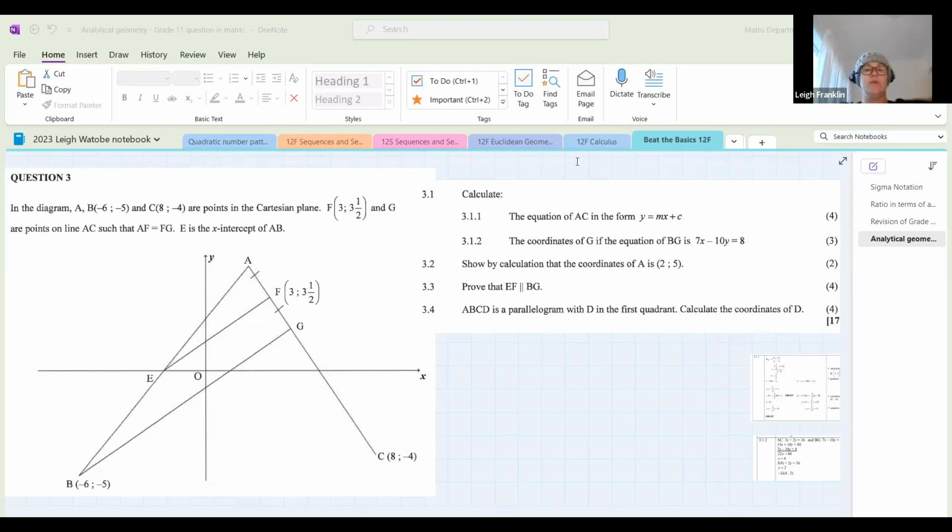And if everything is okay, you can carry on with question 3.1.2. Good. Tulisiwe, well done. Mamelo, nice. DM me as well.